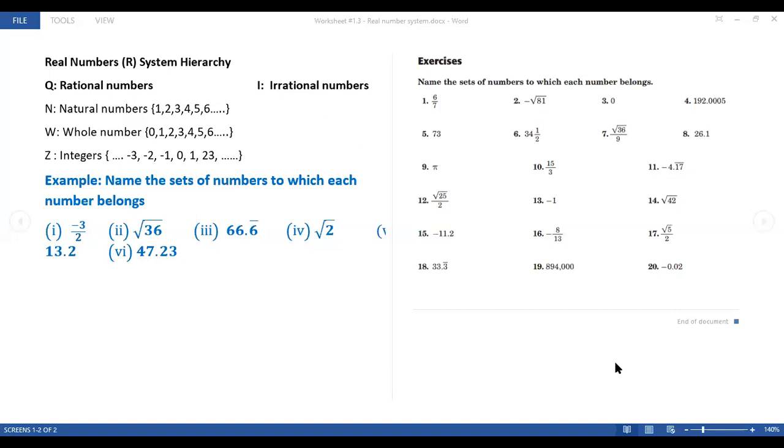Okay, so now let me go to the whiteboard, and let's take a look at this real number system hierarchy and the meaning of each one. So here's the whiteboard, the real number system.